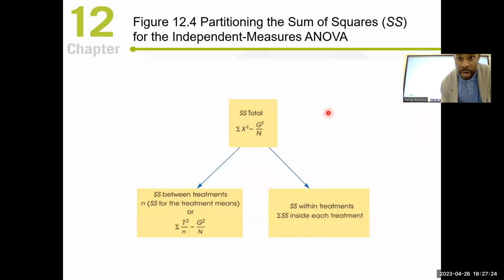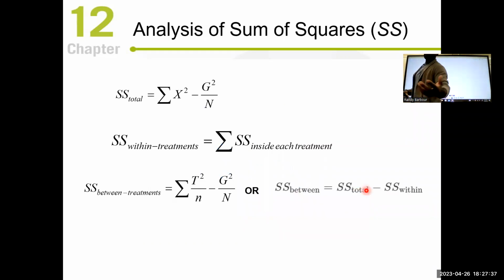We just talked about our sum of squares, and we're able to calculate those things, which is really great. So that's our analysis of the sum of squares. Pause that, write those things down. That's going to be really important as we move forward.